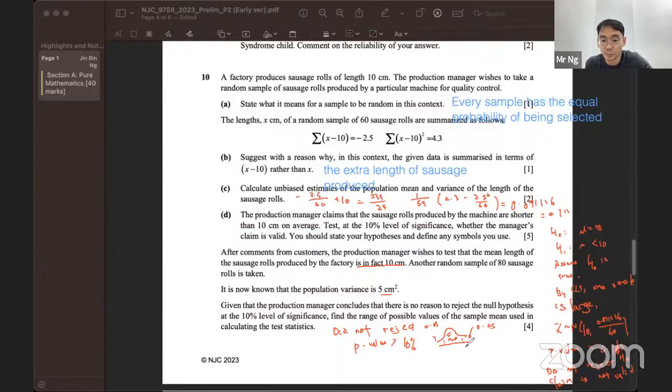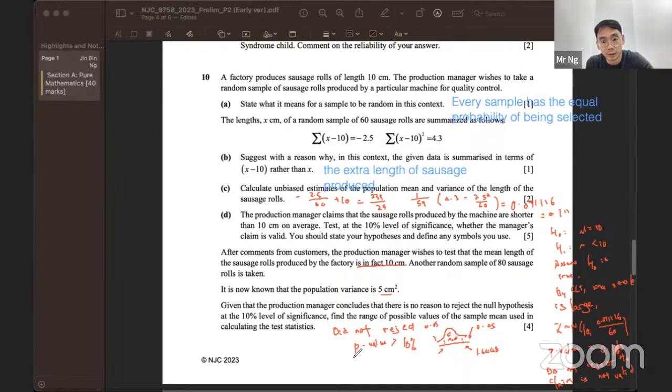So if we inverse norm this thing, we get 1.6448. And then likewise this thing.